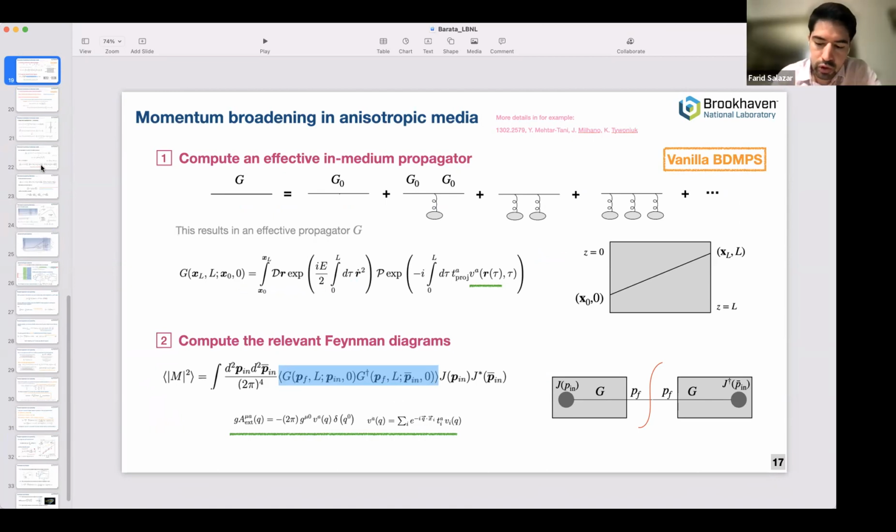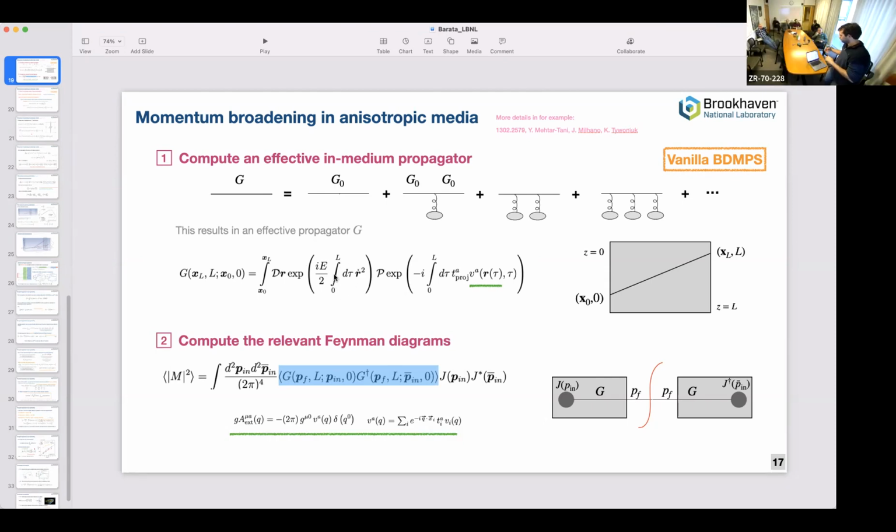Yes. So this term is sub-eikonal, but it is also a consequence of the fact that you're considering a non-uniform, anisotropic medium. So this term is special because it's an anisotropic medium. Exactly.